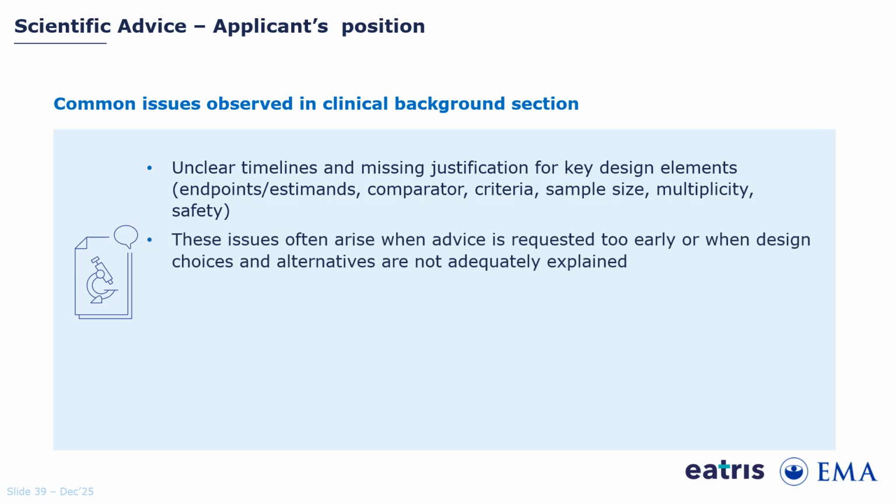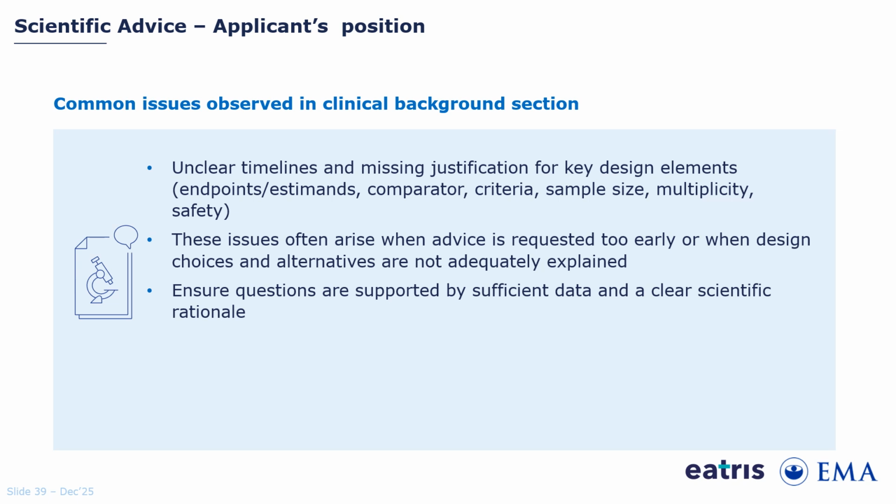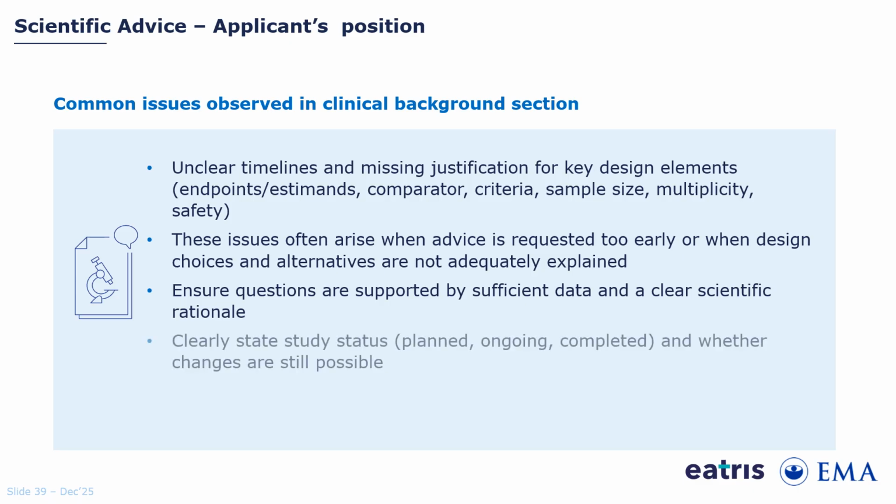These problems often occur when scientific advice is requested too early, before enough data are available to well inform the next step, or when applicants do not explain the reasoning behind their design choices or do not discuss possible alternatives. To avoid this, make sure your questions are supported by sufficient data, and always provide a clear rationale for your decisions. Also, be explicit about the status of each study, that is planned, ongoing, completed, and whether modifications are still feasible in case of ongoing studies.